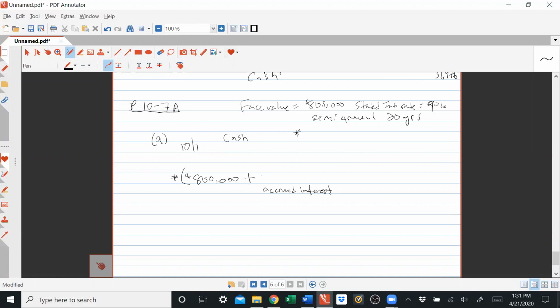So we know the accrued interest is going to be face value times interest rate times time. How much time has gone by in months between May 1st and October 1st? I think that's 5 months.